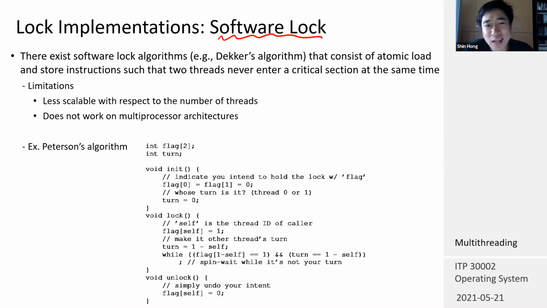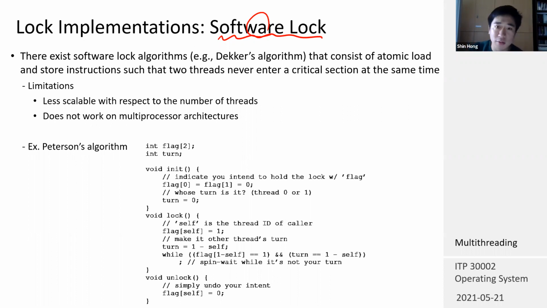Some clever people found a complicated algorithm that uses ordinary read and write operations but implements mutual exclusion. People call this a software lock because it does not get any help from the computer architecture. It's purely implemented with the ordinary architecture and the algorithm.